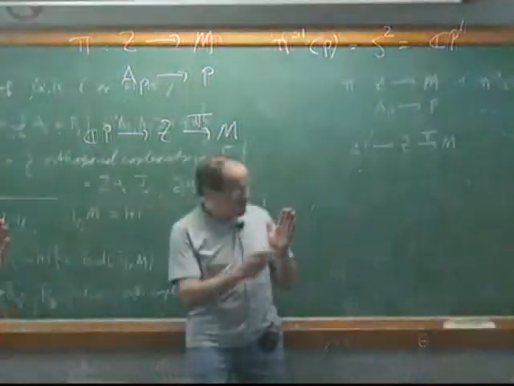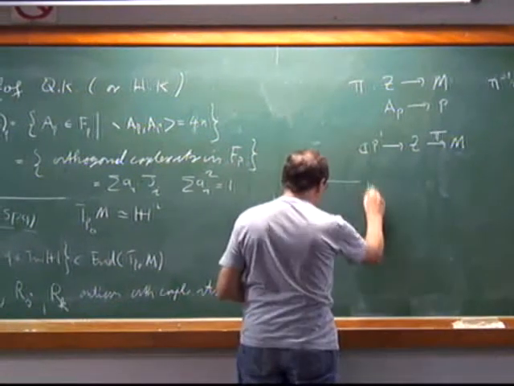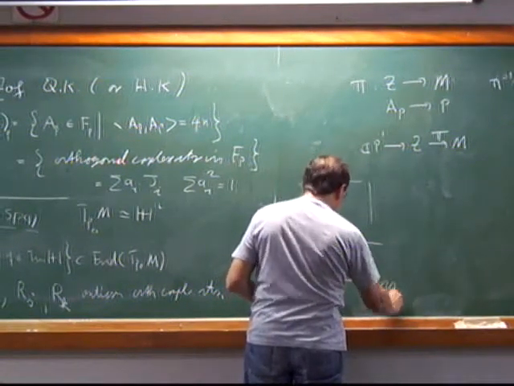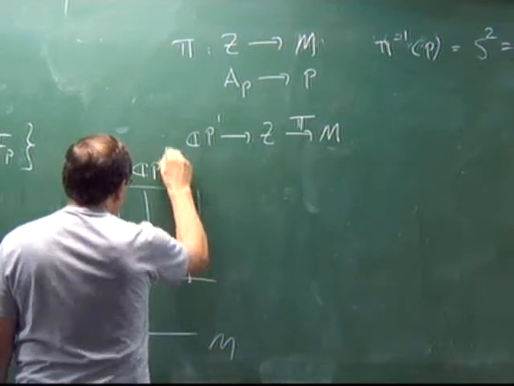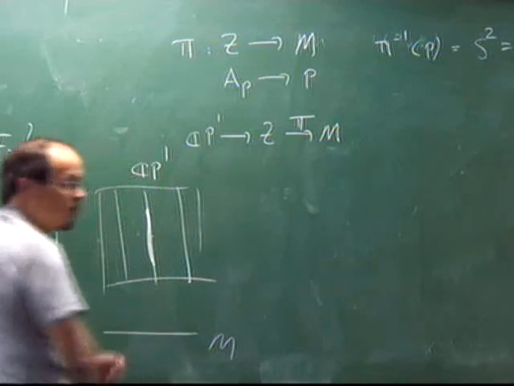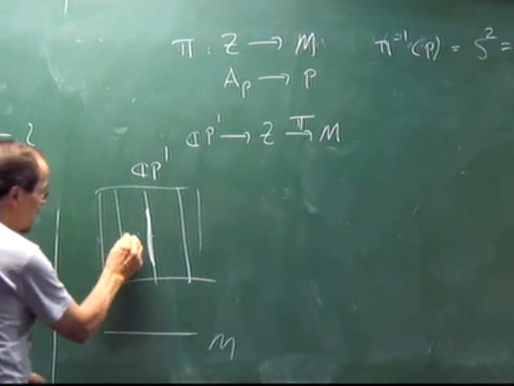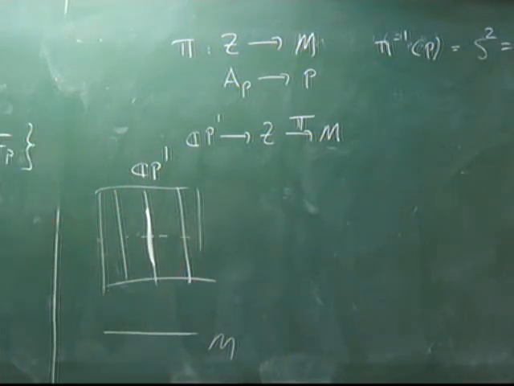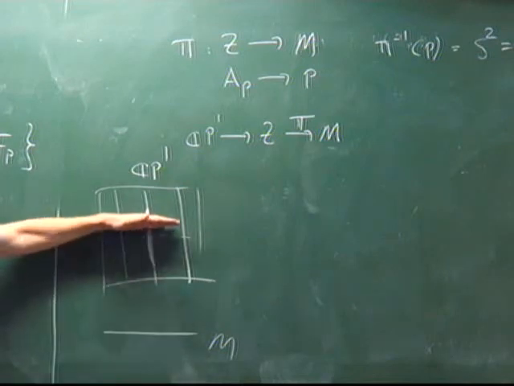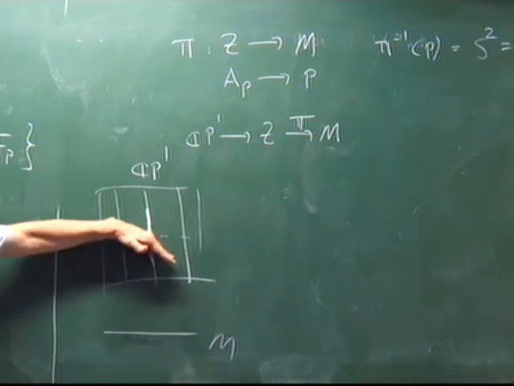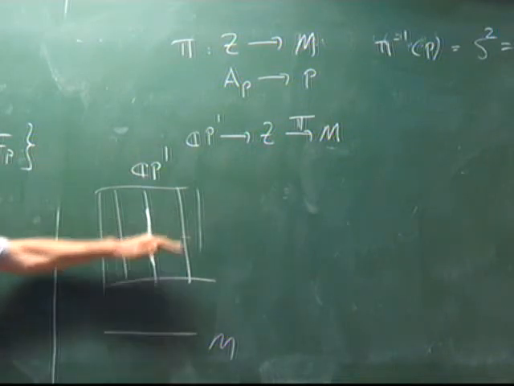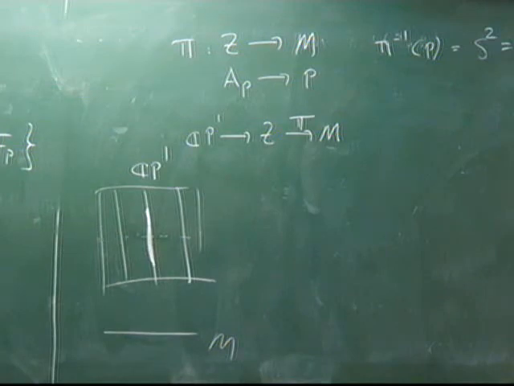So think of it like this. Here's my base. Here's my fiber bundle. My fibers are CP1s. On this space here, there's a natural complex structure. I have to define one transversal to that. Transversal to that, I can project onto the base, and projection will be an isomorphism. But of course, there's a priori no natural choice of the transversal. And that's something I want to solve by using some geometry.